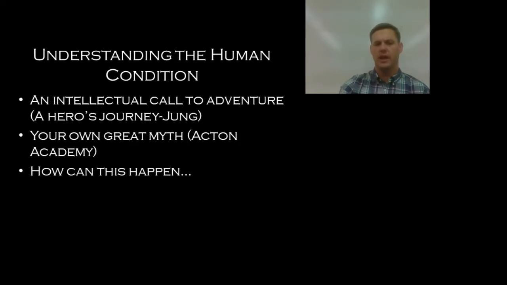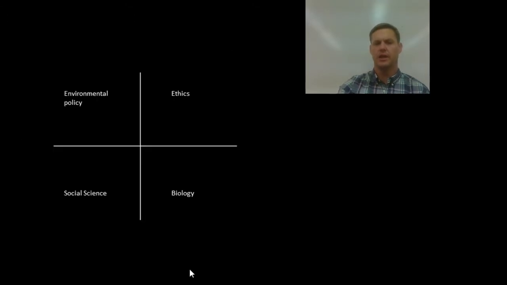So how does E.O. Wilson lay out this happening? So he talks about taking intersecting lines and dividing the space into 4 quadrants, and we're going to label one quadrant environmental policy, one ethics, one biology, and one social science.